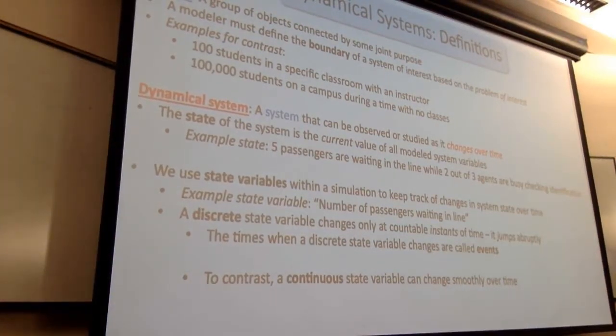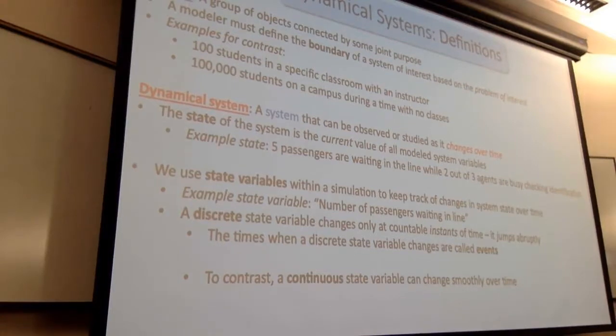So if I were to draw a timeline, and put on the y-axis my state variable x, a continuous x might smoothly change over time, but a discrete state variable will hold a particular value, and then it'll jump to some other value, and it'll jump to another value, and it has all of these jumps. And these instants where the state variable jumps we call events.